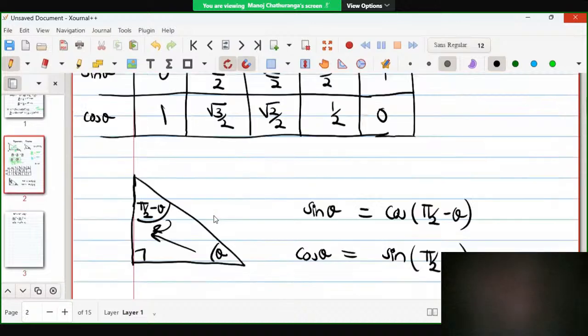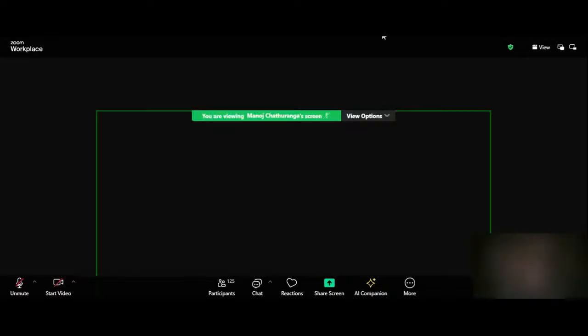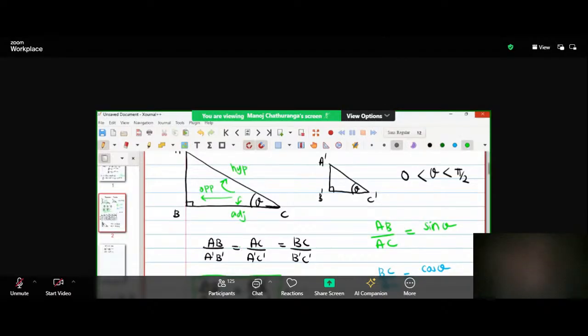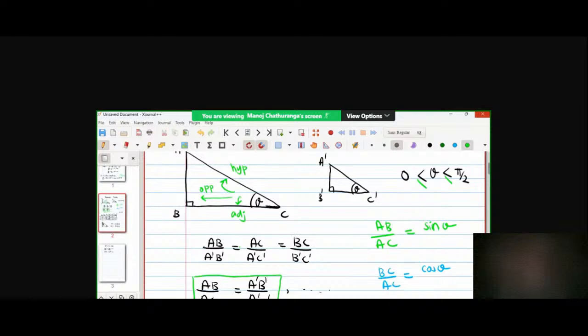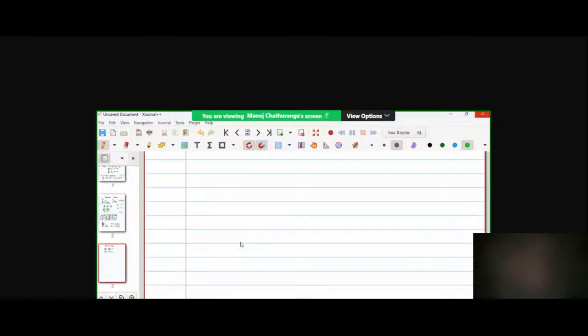Anyway, so this sort of says sine and cosine are two functions of angle theta, and theta varies from 0 to pi by 2. So later people wanted to extend this idea. So what they did was, instead of taking a right triangle, they took a circle.